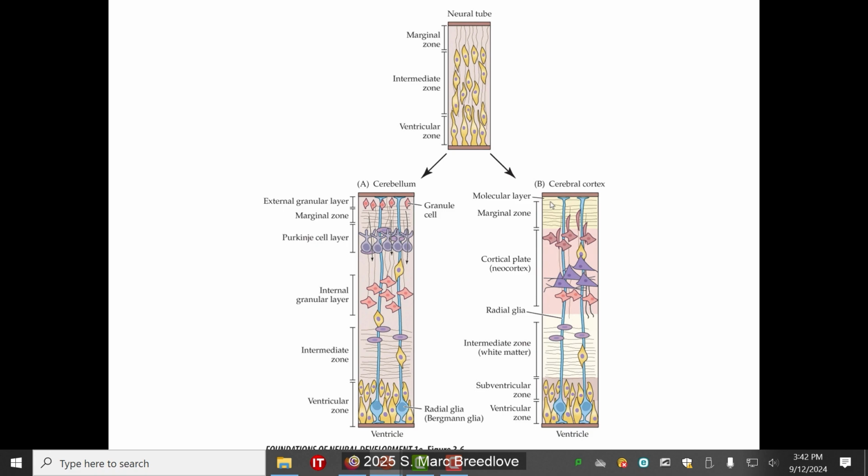And so that's known as the molecular zone, because when the early histologists looked there, you never saw any cells out there. These two cells together are going to make layer 1 of cortex. And layers 2, 3, 4, 5, 6 are eventually going to coalesce here in the cortical plate.